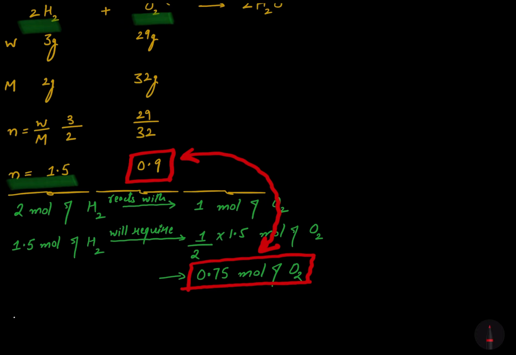Hopefully, you got it. 1.5 mole of hydrogen requires 0.75 mole of oxygen, but we have 0.9. That means oxygen is in excess.